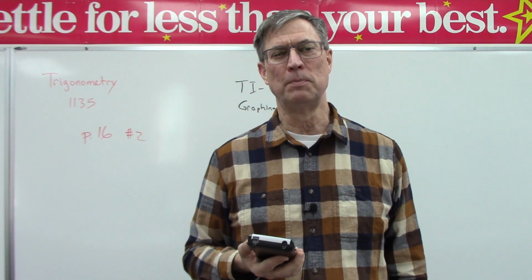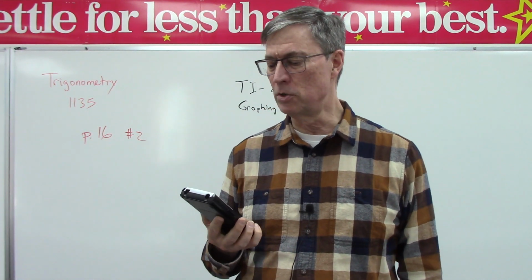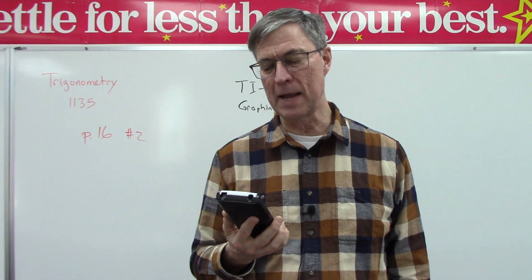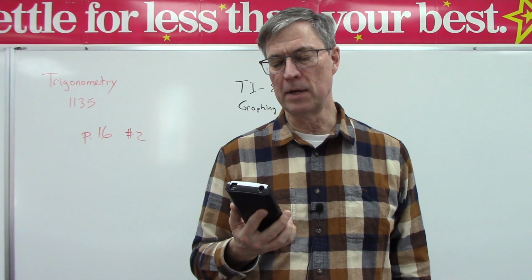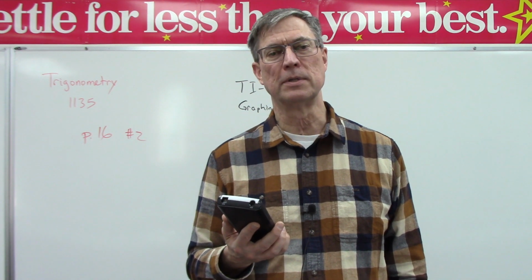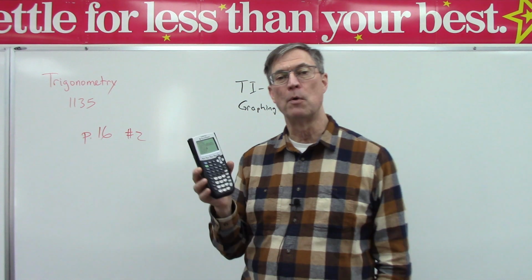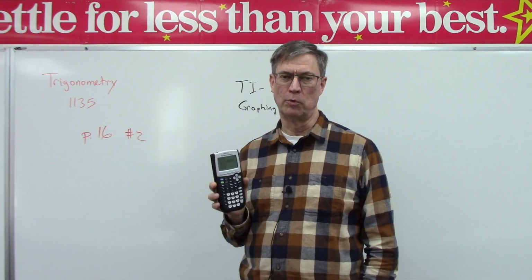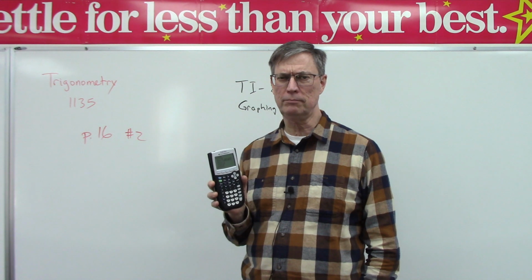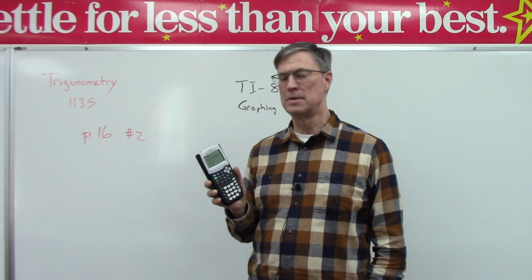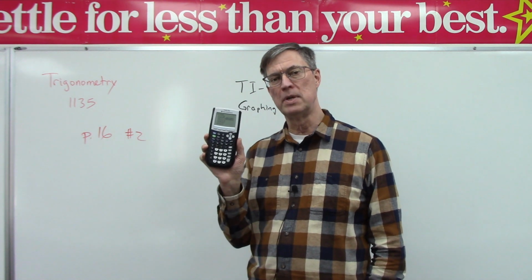So 2 pi would be 6.28, and sure enough, that's what the calculator has as the number for x max. And in the scale, they have 0.78539816, etc. And that would be the decimal equivalent of the pi over 4. Does that make sense?